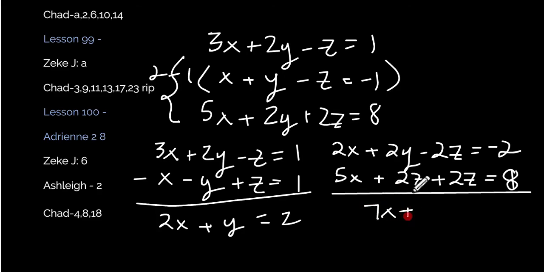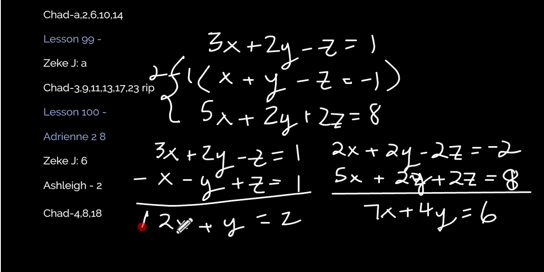All right, add those together. 7x plus, what's this? This is supposed to be a y. Plus 4y equals 6. Whoops, equals 6. All right. Now, I eliminated the z's. Now I'm going to take these two, and I'm going to eliminate the y's.